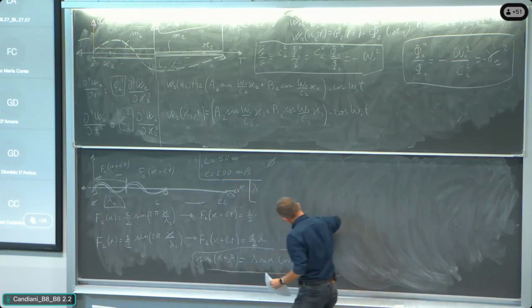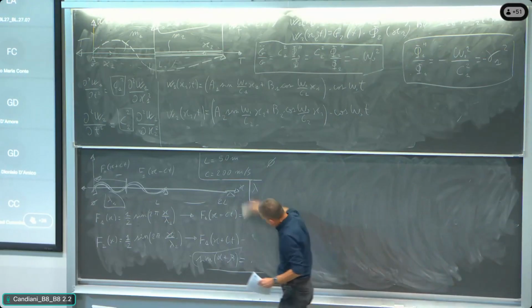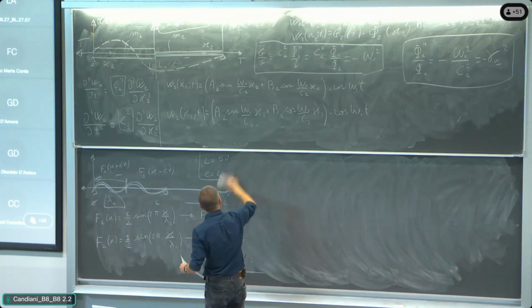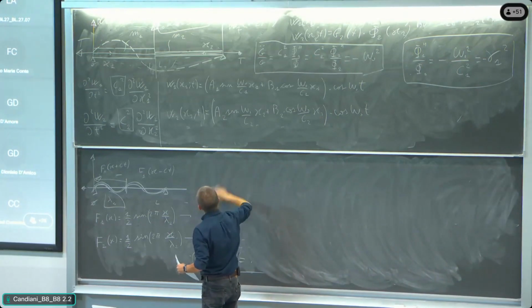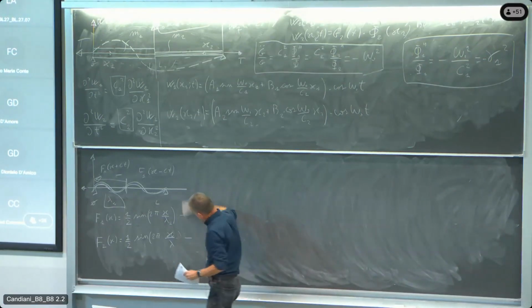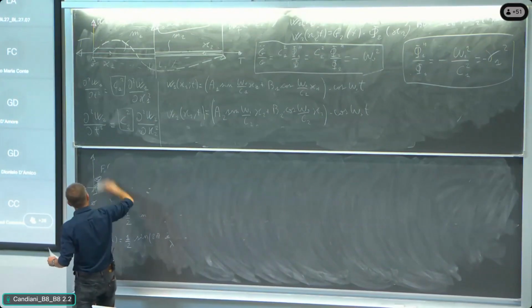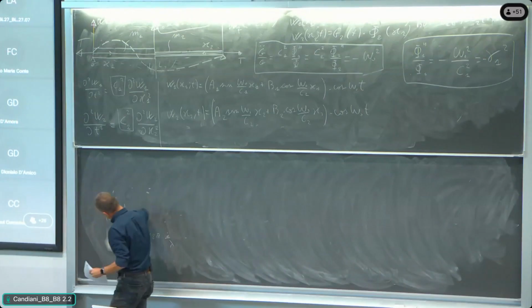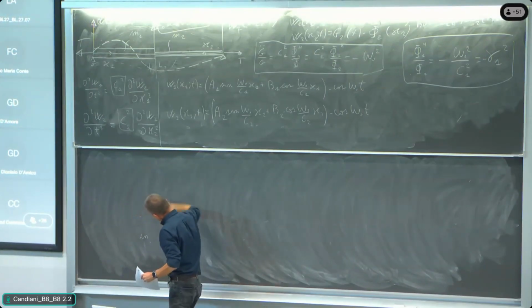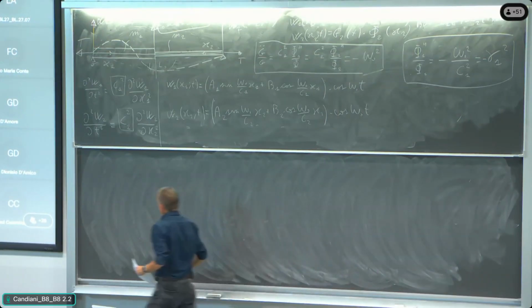So we will write that the function W1 at the location 0, whatever the time, must be equal to 0. Then we will write that for the domain 2, the function W2 at the location 0 is equal to 0.